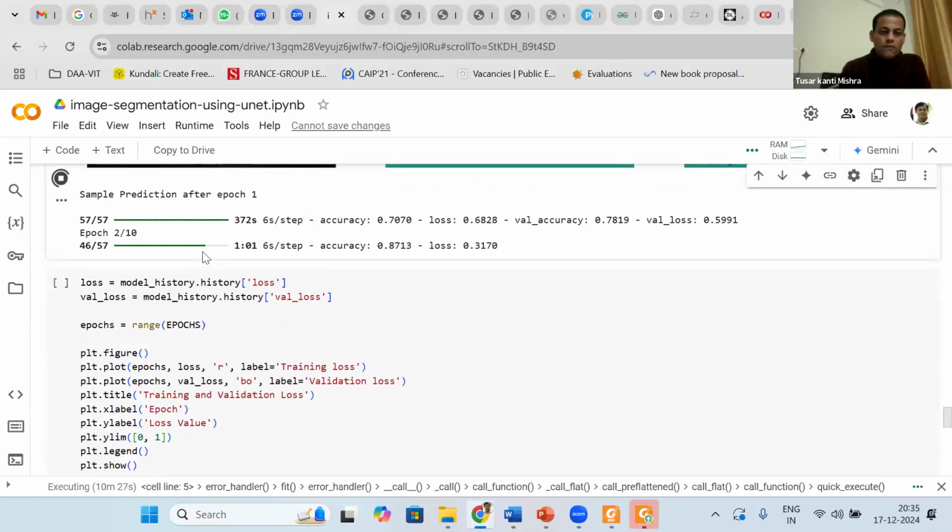Yeah, it's still going, 87%. Still some executions to be done. Okay. 7 more iterations.